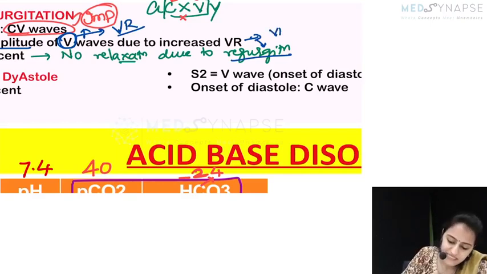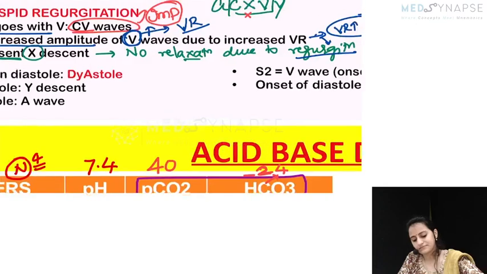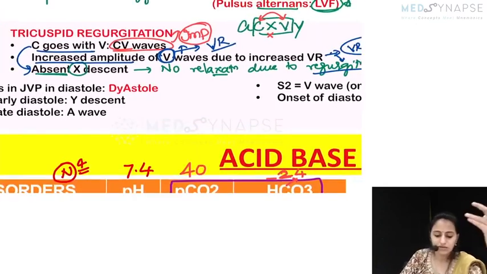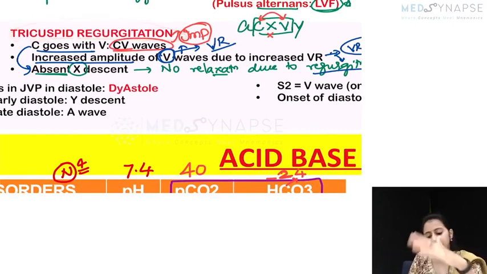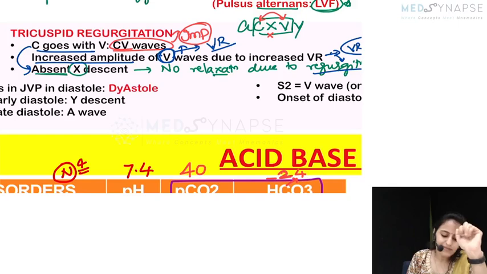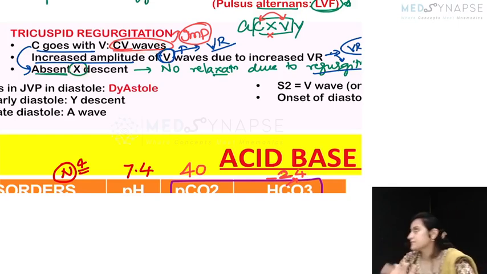So the venous return is increased, so the V wave is also increased. So you can get a question like, all of the following are true about tricuspid regurgitation JVP findings except. So remember, it's the X which is absent, the V which is increased, and the CV wave.